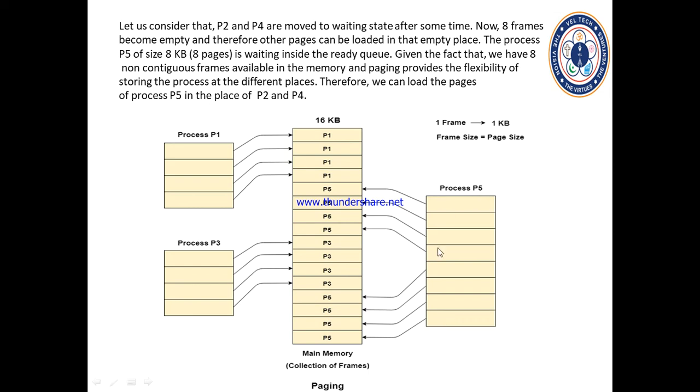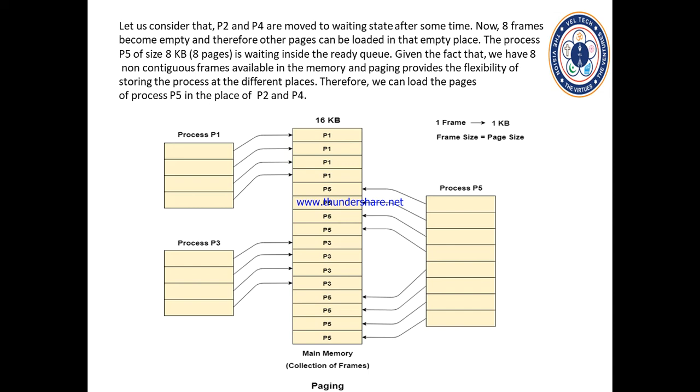We have memory frames in main memory that are non-contiguous. We allocate the 8 pages here: the first 4 pages of process P5 are allocated to 4 frames of main memory, and the next 4 pages are allocated to another 4 frames of main memory.